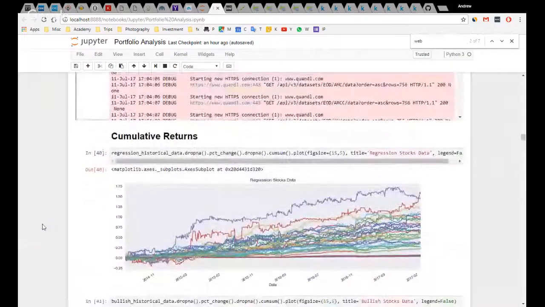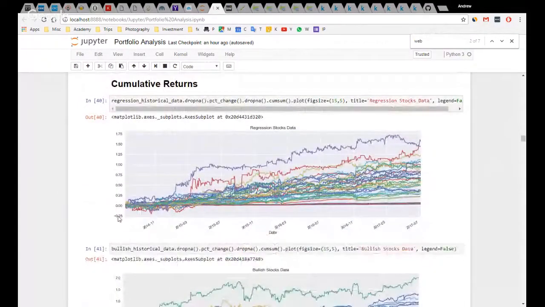So we start with just getting some historical data, and then we take a look at some historical performance of our suggested trading signals. So we can see in this example that the cumulative return for those assets is very positive. We can see that those assets were performing very well.